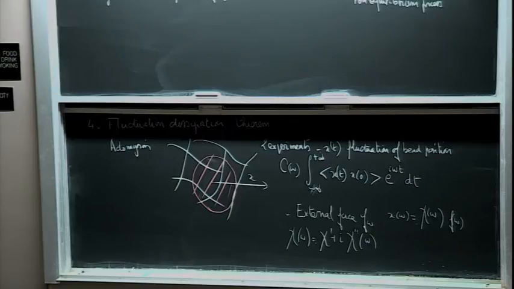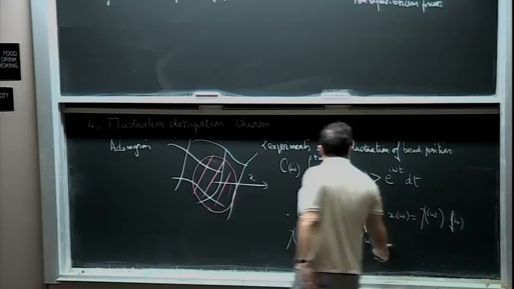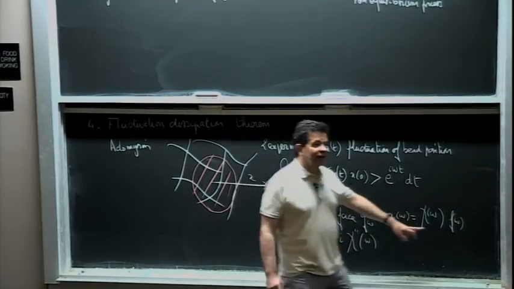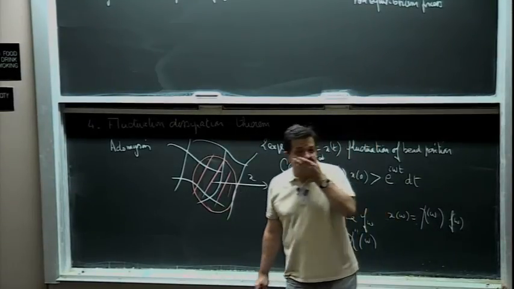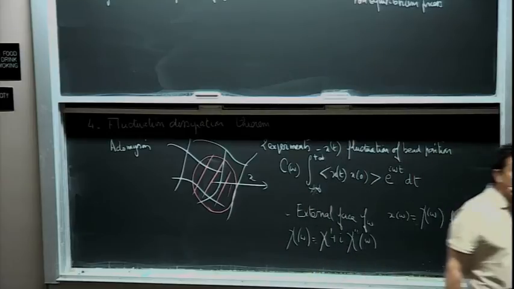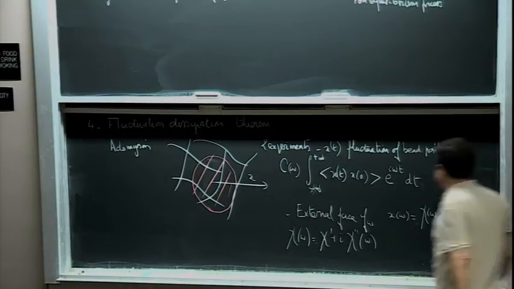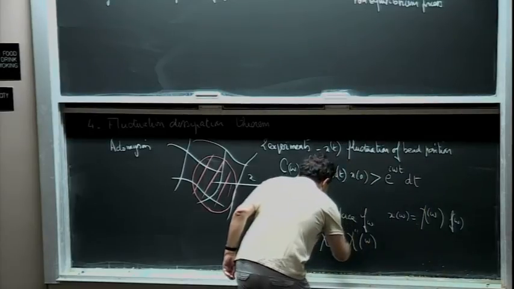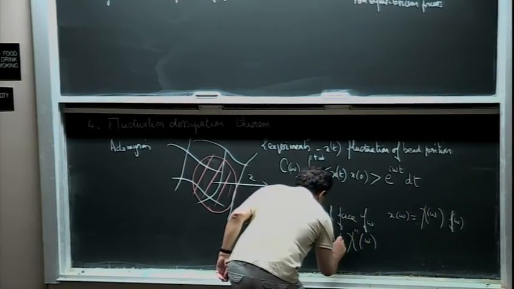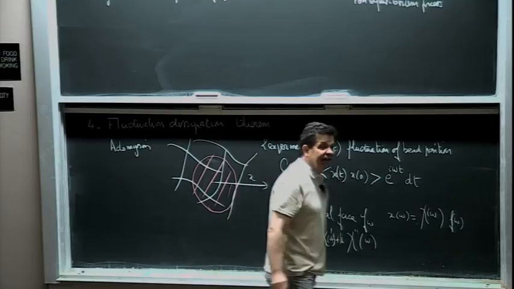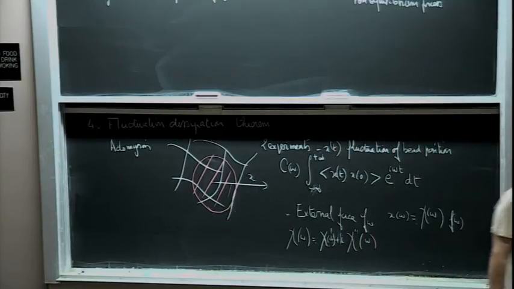So this chi double prime tells you how much energy you dissipate when you apply this force F. Yes? Yeah, both of them depend. Yes, you're right. I should have written both. If chi double prime depends on omega, chi prime must depend on omega because of this Kramers-Kronig relation.